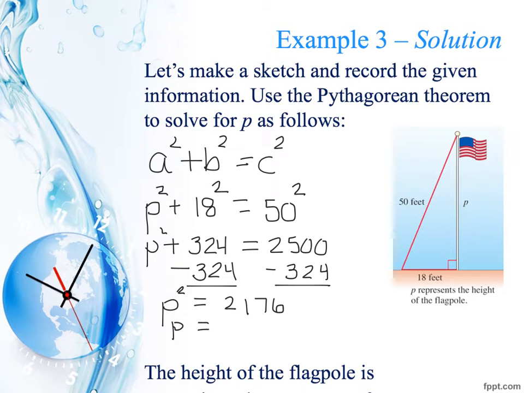In this case, though, there's only one reasonable square root, and that's the one that is positive, because you can't have a side of a right triangle have a negative length. So when I square root 2,176 and round my answer to the nearest tenth, I find that that pole must be 46.6 feet in length.